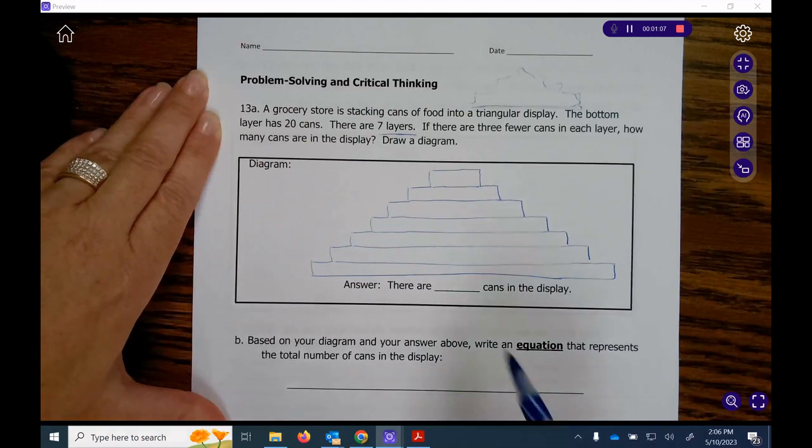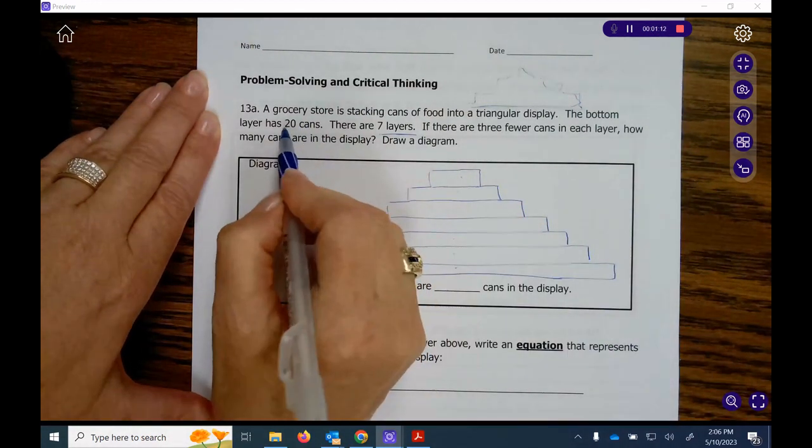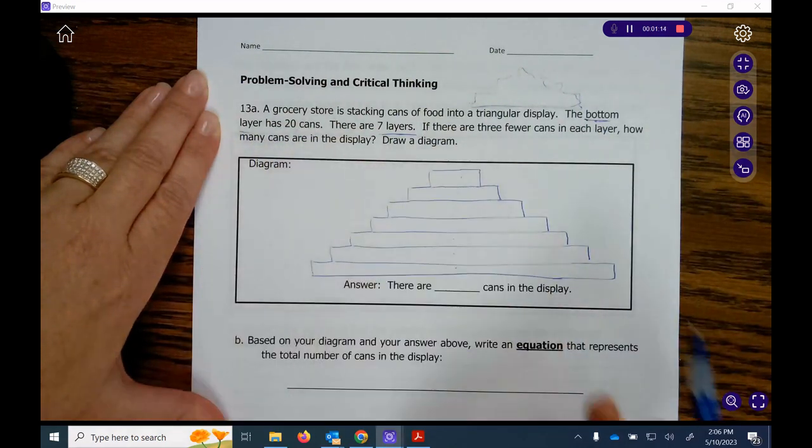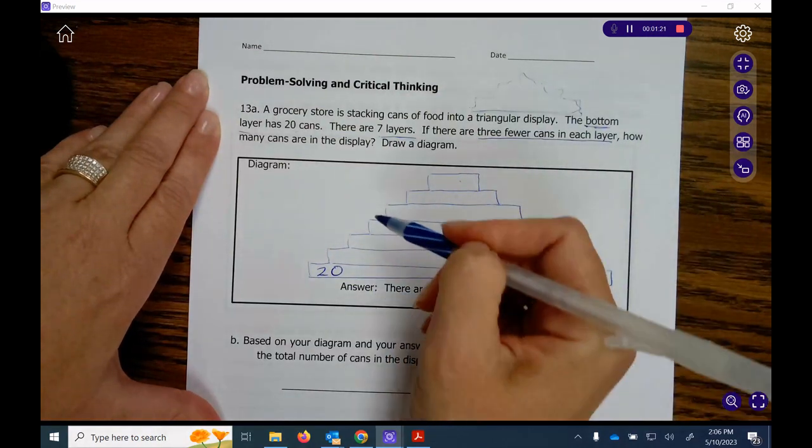So we have 7 layers. The bottom layer has 20 cans. And there are 3 fewer cans in each layer as you go up.